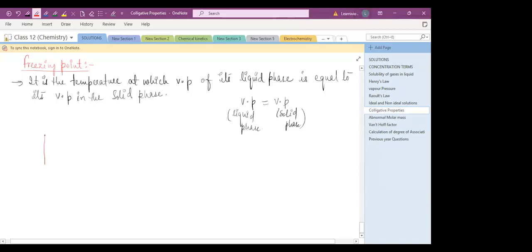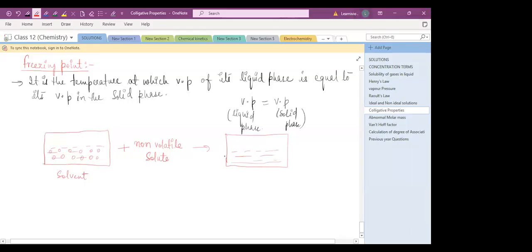Suppose I'm just drawing the diagram. This is a container, and it contains solvent particles. When you add a non-volatile solute, we are talking about non-volatile solute, it will form a solution.